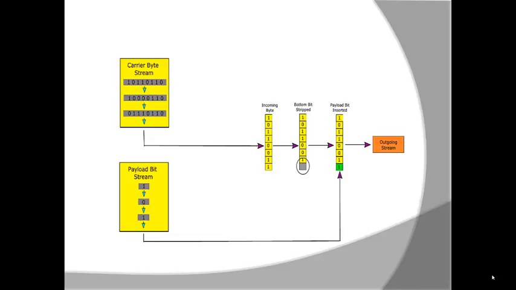You've got to leave the file headers and the image headers alone. But then you have your payload, and it's a bit stream. You're reading in 1 bit at a time. Okay, so the first thing that happens is the incoming byte comes in. The least significant bit is stripped, and then the payload bit is inserted, and this goes out in the outgoing data stream.